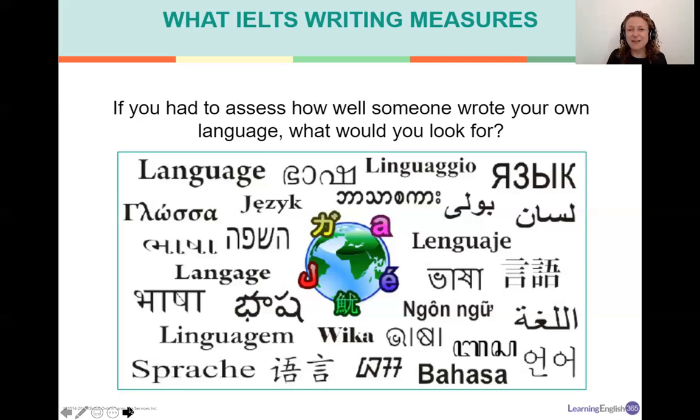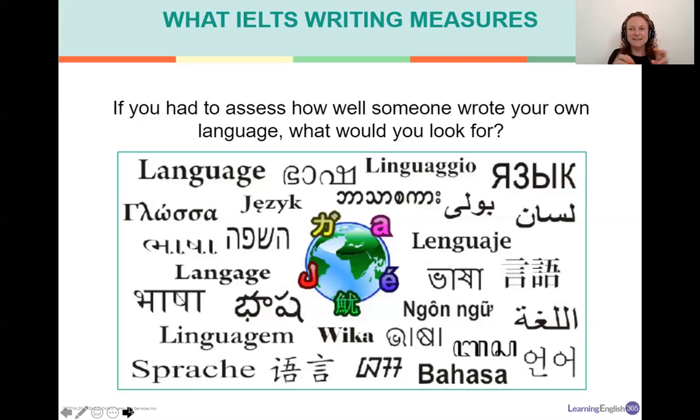Is it factually accurate? You know, if for example, part one of the academic written test will ask you to describe, explain what a graph or a diagram or a map or chart is telling you. So whatever you say, as well as having to be grammatically correct, actually has to be accurate.